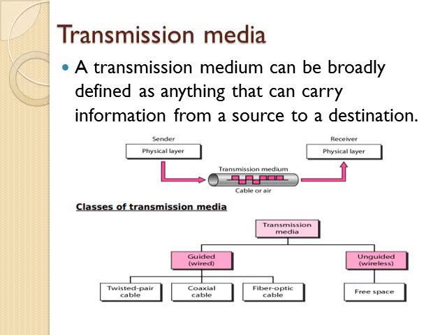In guided transmission media, that is wired channel, we have three broad categories of cables. One is twisted pair cables, the second one is coaxial cables, and the third one is fiber optic cables. In unguided transmission media, the transmission takes place through space or open air.